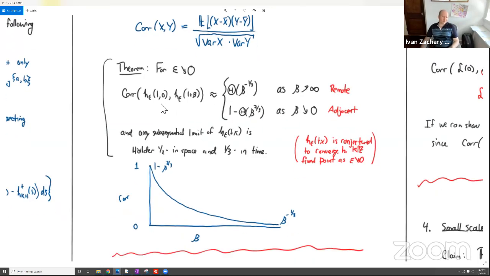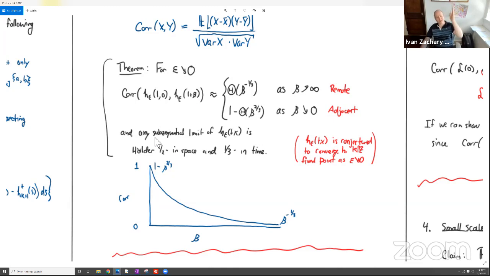And the theorem that we proved, and this is with Alan and Promit, is that if we look at the KPZ, the real model for KPZ growth, at time 1 and then a time which is 1 plus beta at position 0. I dropped the 0 here; there should be a comma 0 in the second term.